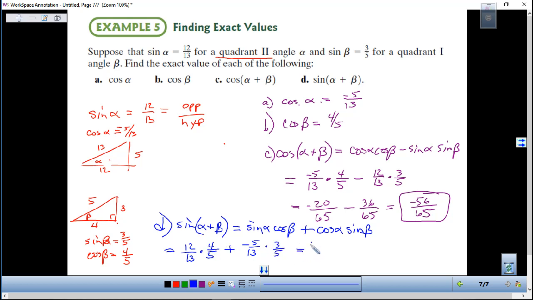Alright, so we end up with 48 over 65 plus a negative 15 over 65. 48 minus 15 is going to give us 33. So 33 over 65 is the sine of alpha plus beta.